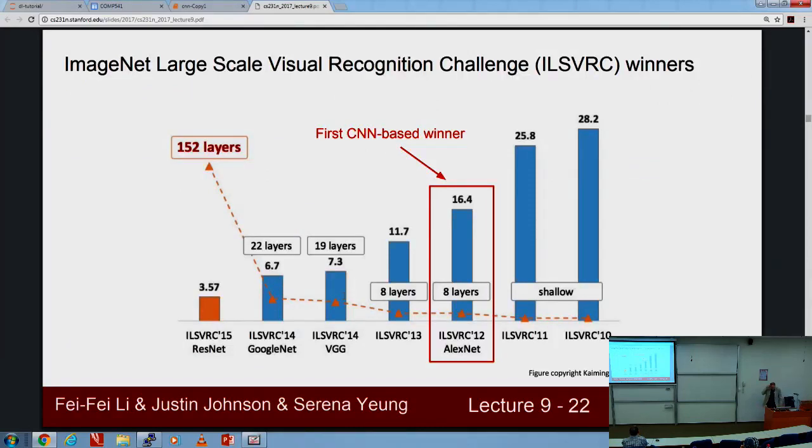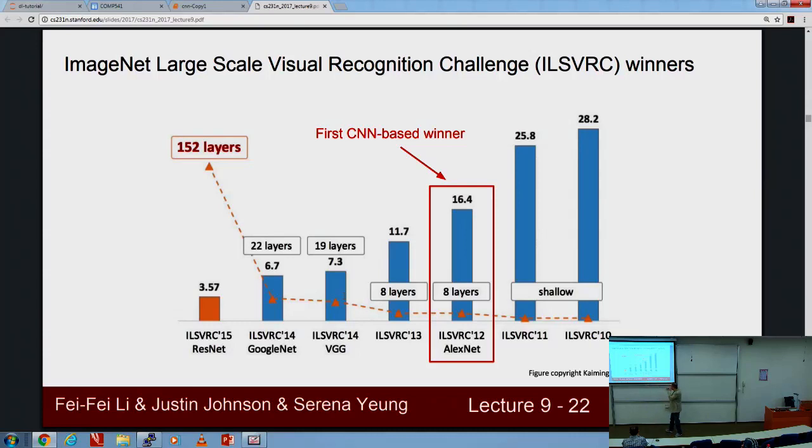All right, so let's go to history. I don't know why they drew this graph backwards, but time moves toward the left. Over here, 2010 and 11, we don't have convolutional nets. 2012, there is an 8-layer AlexNet.